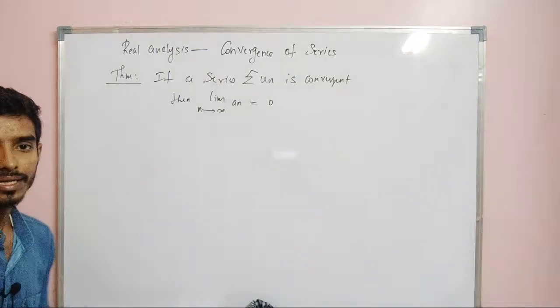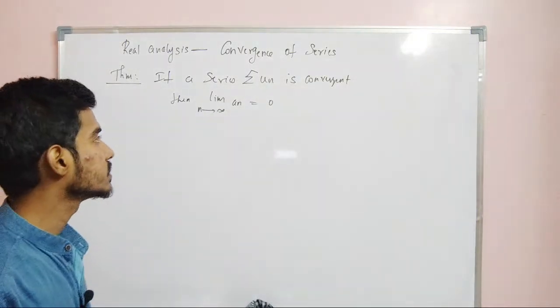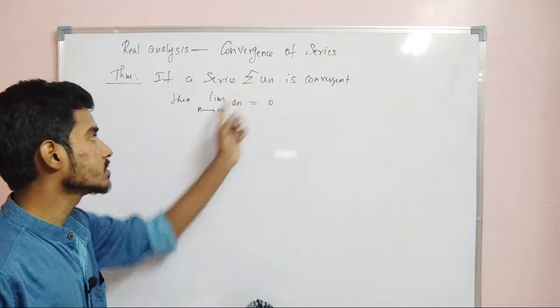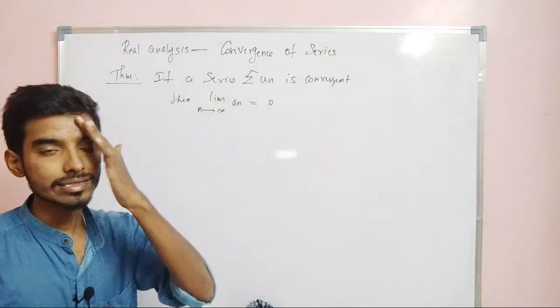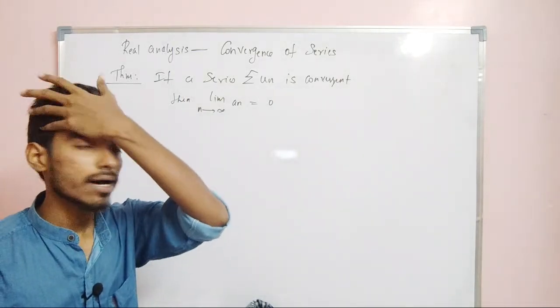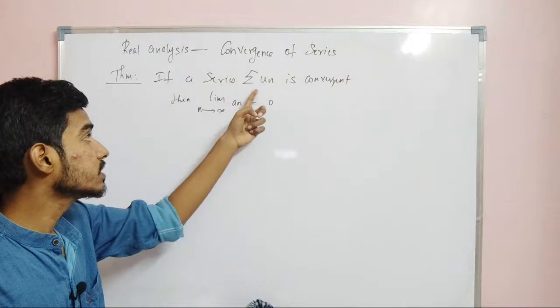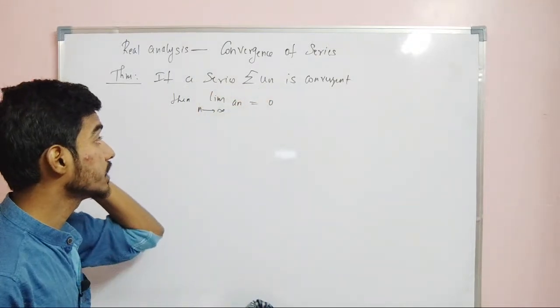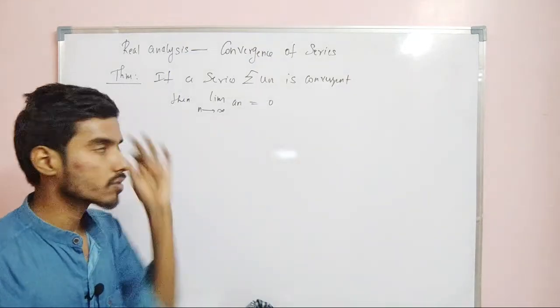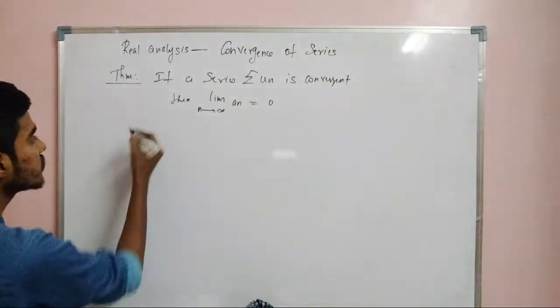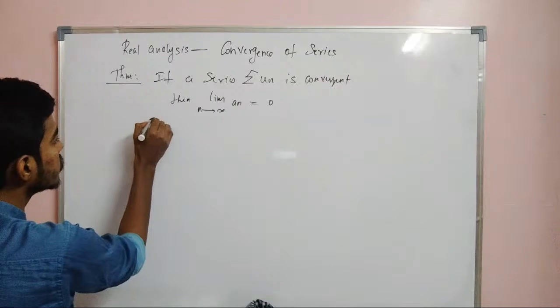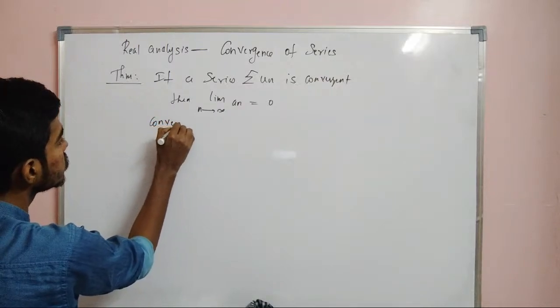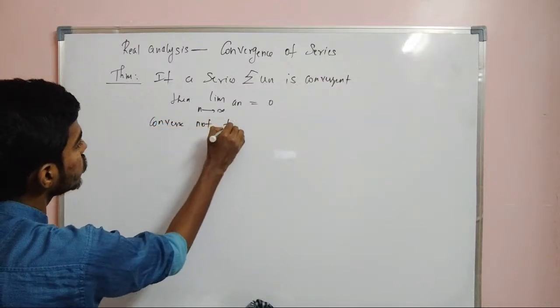Very important theorem. Whenever a series is convergent, the limit of the nth term as n tends to infinity will be 0. The converse is not true.